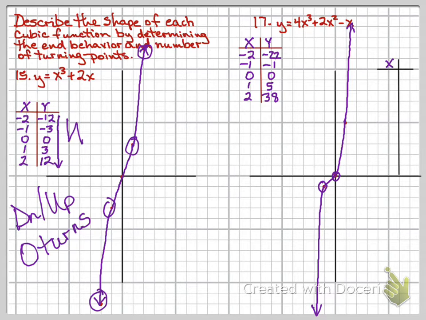Okay, x and y. So I have -1, and I have -0.9, -0.8, -0.7, -0.6, -0.5, -0.4, -0.3, -0.2, -0.1, and 0.